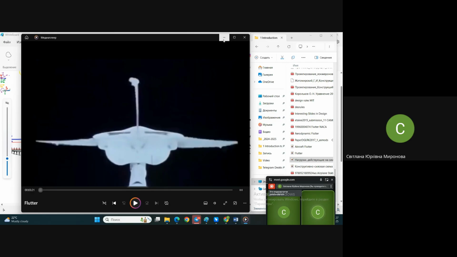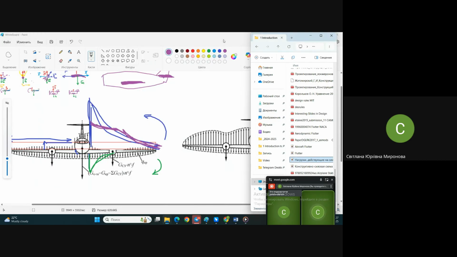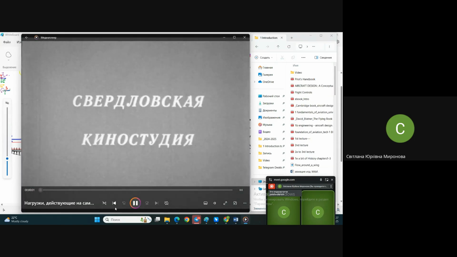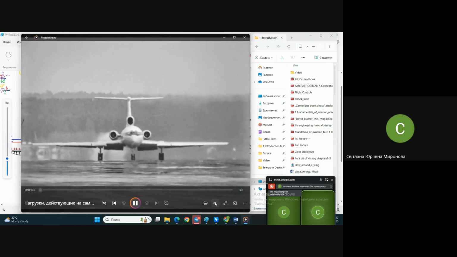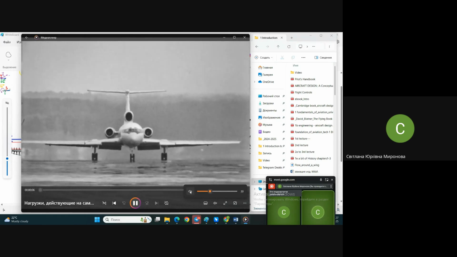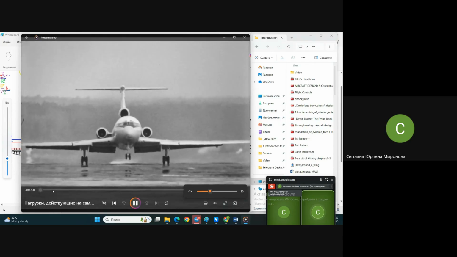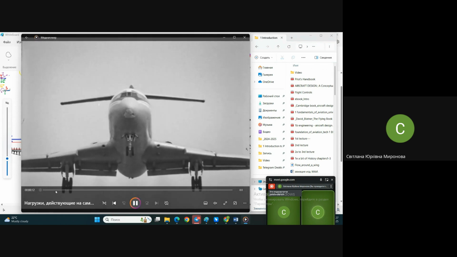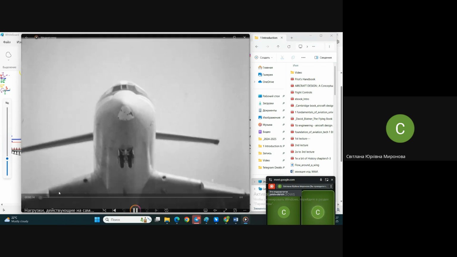And let's see the movie. One more movie, as I said, with the sound switched off completely. It's a movie about the loads, a tutorial movie about the loads acting on the airplane in flight.